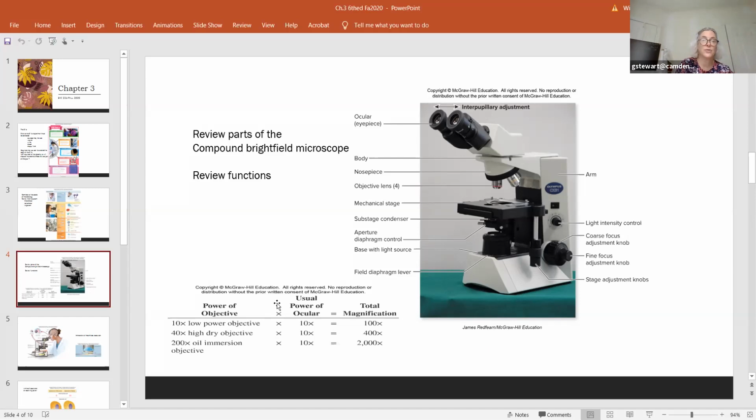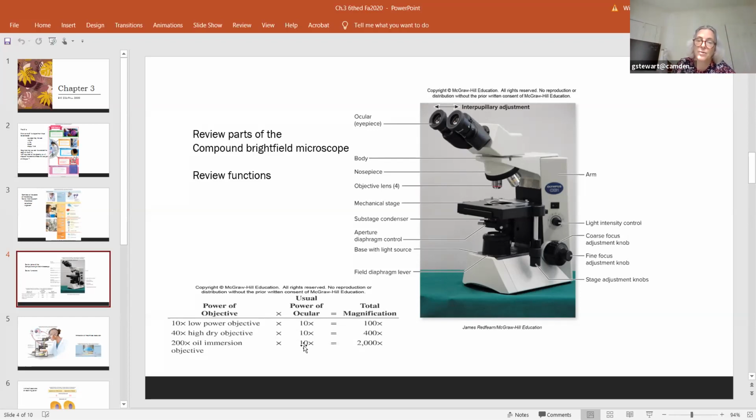I would remind you from Bio 1 that we figure out the total magnification of a specimen based on the power of the ocular lens multiplied by the objective lens that's in use. So in this particular case, this lens has the red band on it, so I know that's one of the smaller lenses. Oculars are usually 10x.